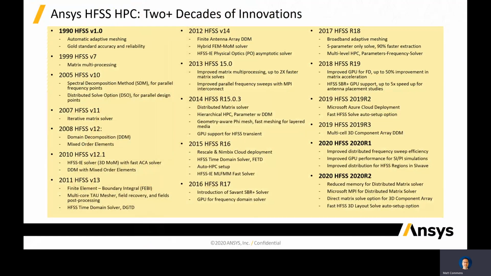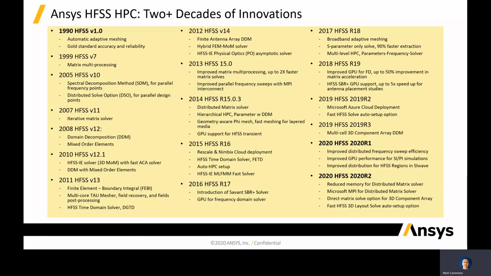HFSS and HPC, there's been over 2 decades of innovation, starting in 1999 with multiprocessing at version 7, all the way up to our upcoming release 2020 R2, where we made some improvements for our distributed memory matrix solver, as well as for that 3D component array technology, allowing you to use the direct matrix solve option instead of being restricted to DDM. Very broad set of technologies introduced year over year, keeping track with available hardware.